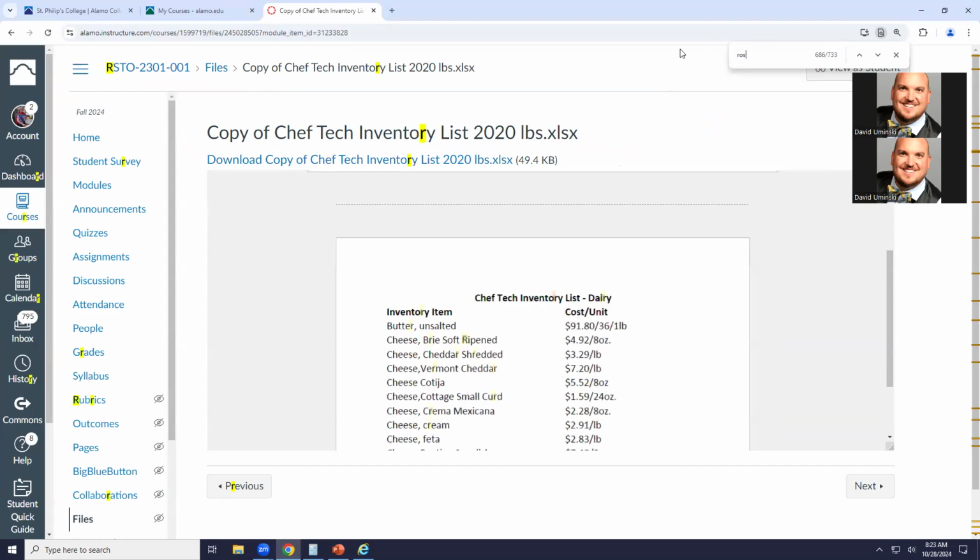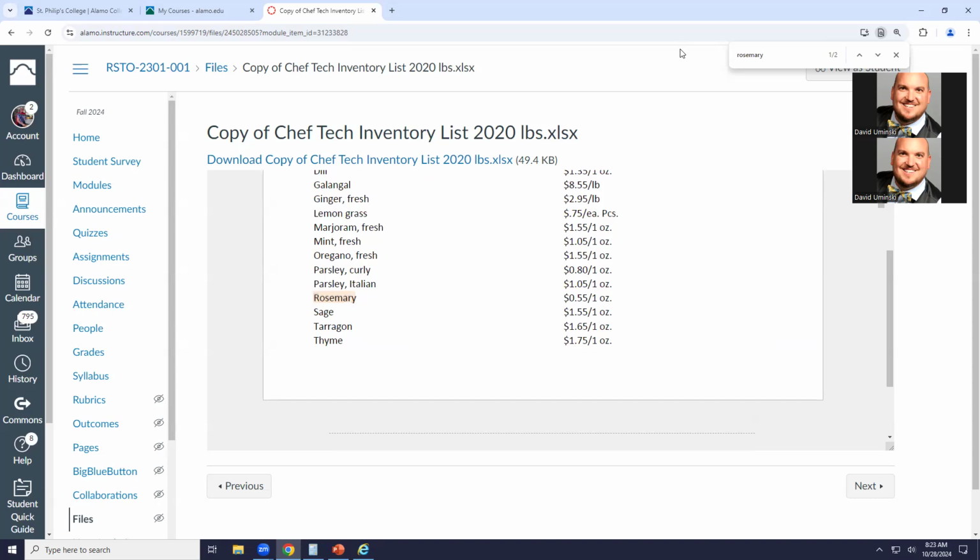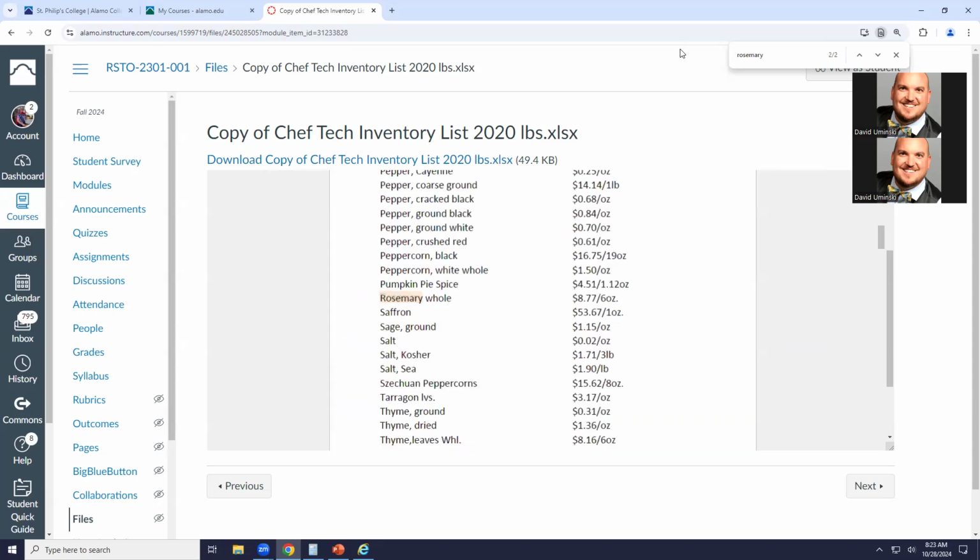Let's just double check. 55 cents for 1 ounce. So let's use this one right here. 8.77 for 6 ounces. So try that, use that number and see if you get the answer after that. All right. Any other questions? Okay.